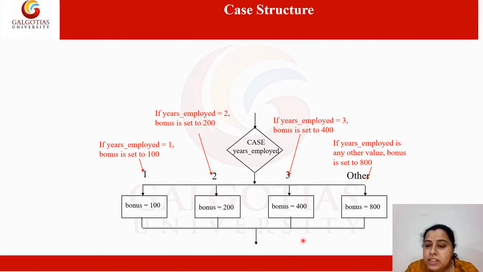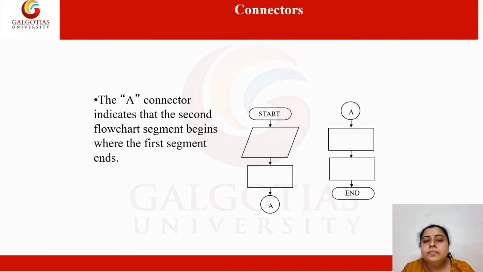Another important structure is a connector. Let's say I'm drawing a flowchart and my page finishes. I still need to draw a flowchart. So what I'll do is put A at the end of the flowchart, and wherever the next step is, we'll put A at the top of it. Now what will this act as? This will act as a connector.